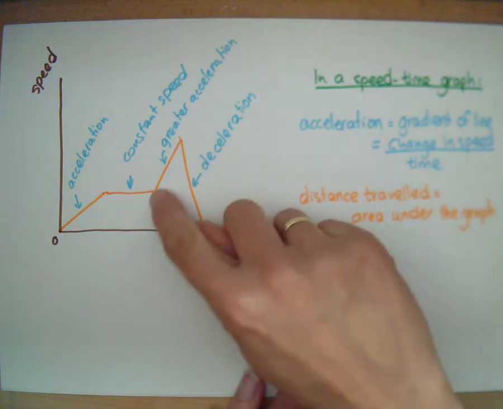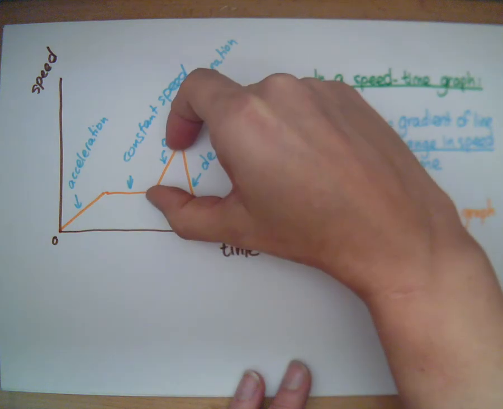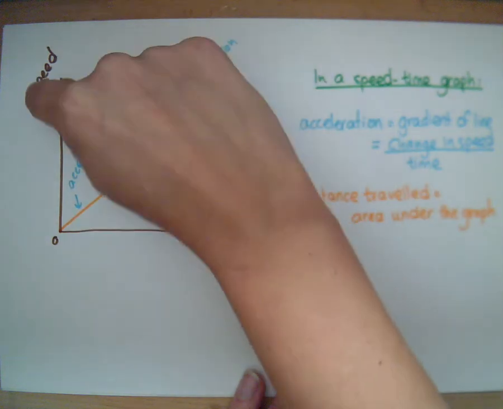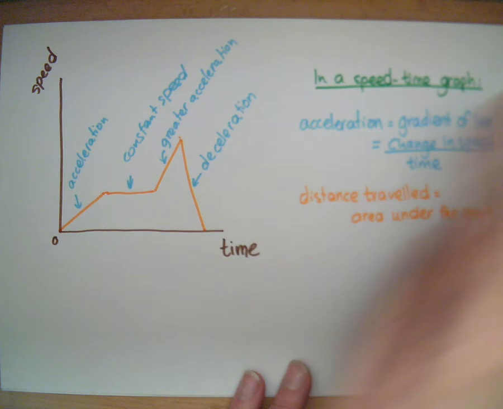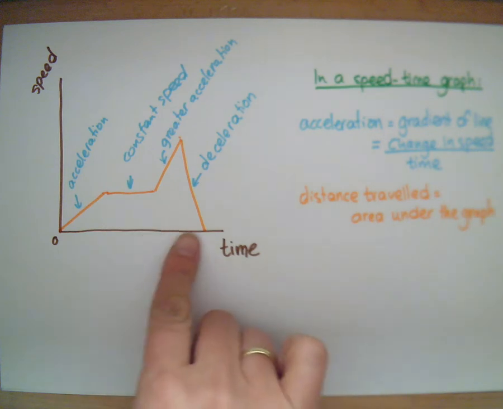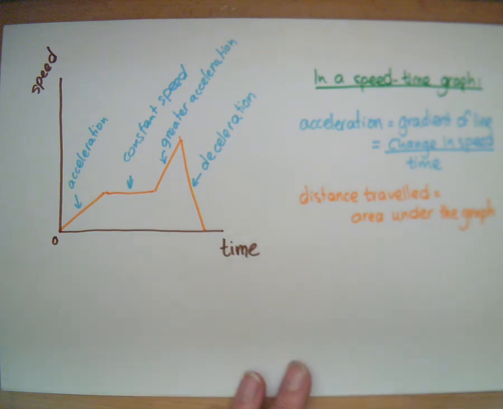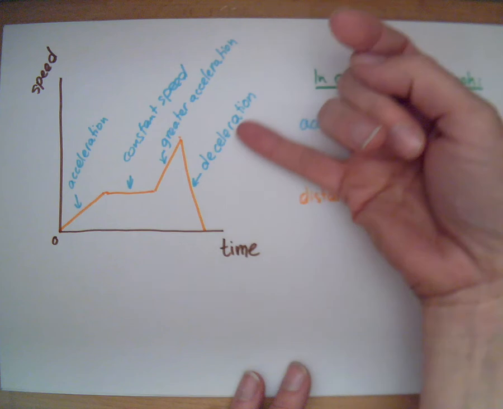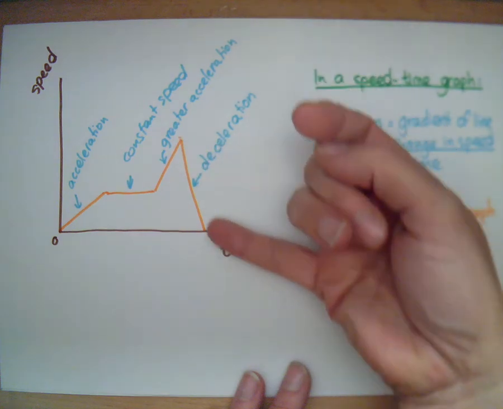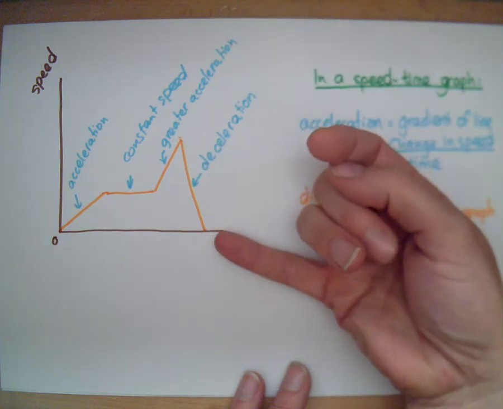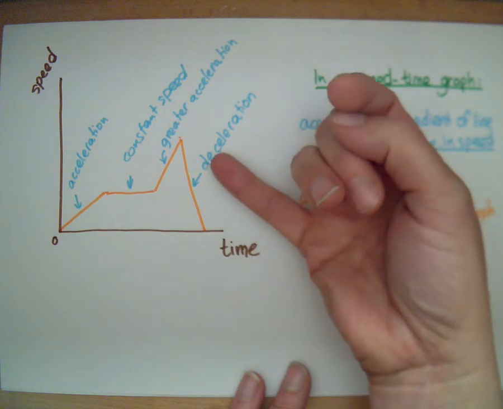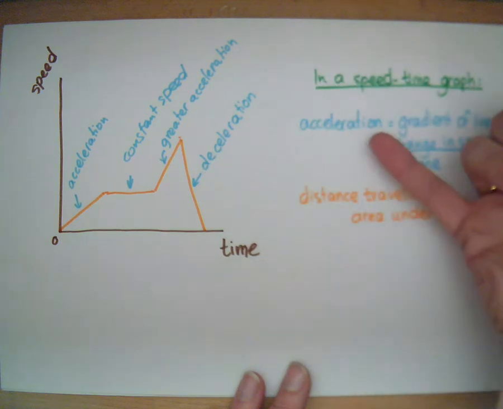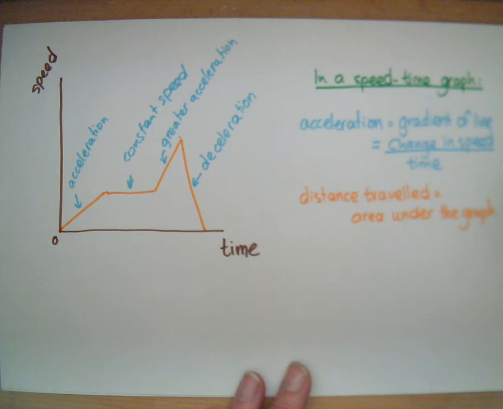And the gradient of a line is calculated by the change in y, so the change in speed, divided by the change in time. Yes? We'll come back to that with an example. You probably already noticed that when we're decelerating, our gradient is negative. So decelerating is negative acceleration, right?